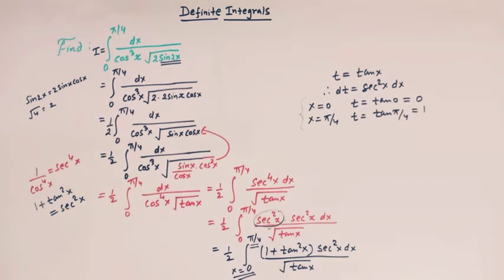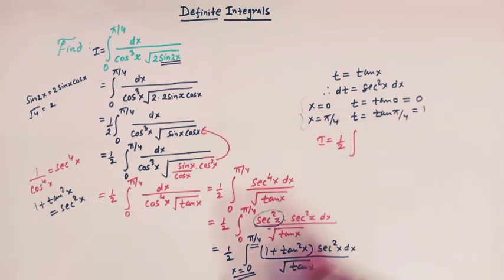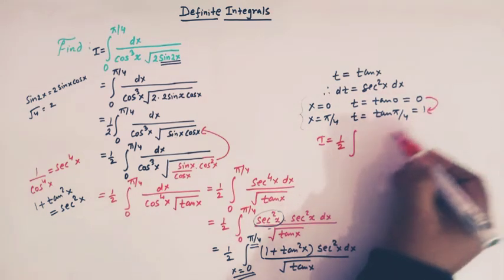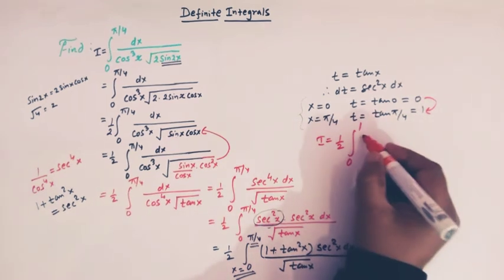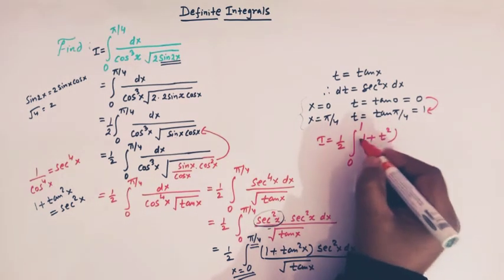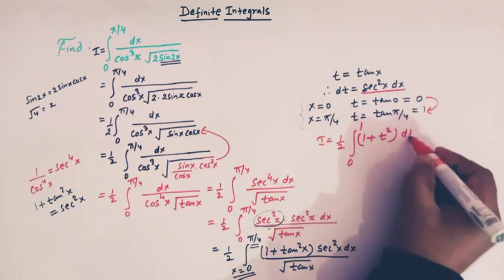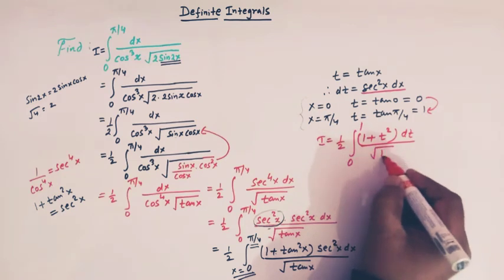So now this integral reduces to half, and we have the limits 0 to 1, 1 plus t square, and for sec square x dx we write dt, and here we have the square root of t.